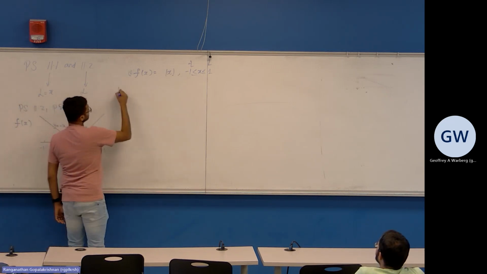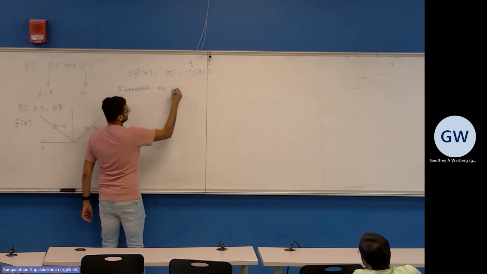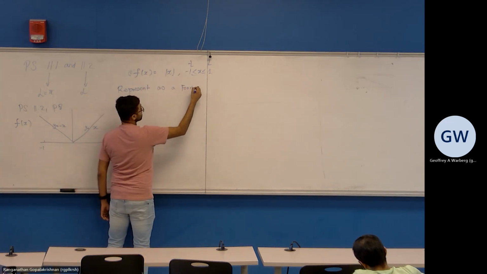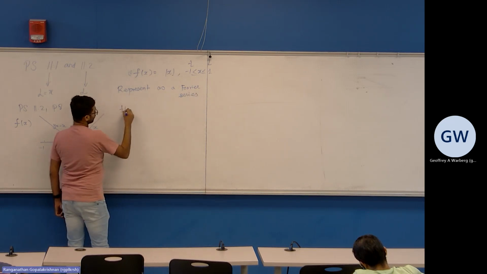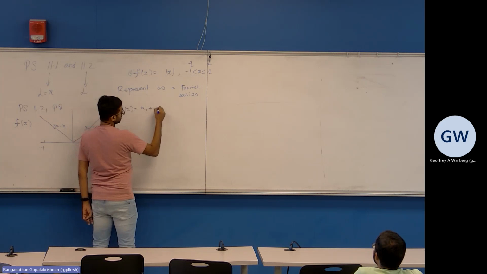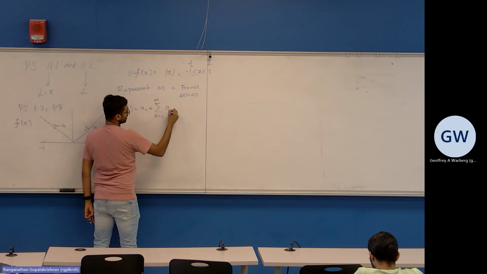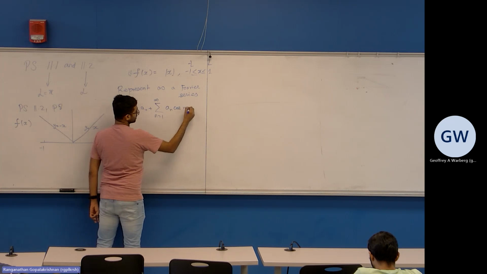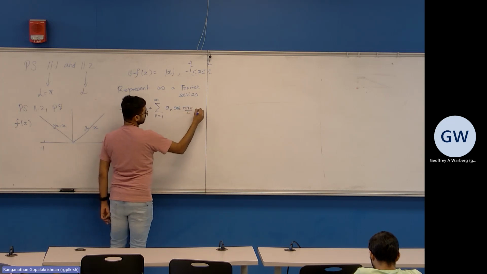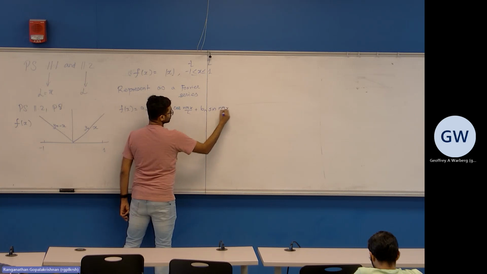Let's represent this as a Fourier series where we write f of x equal to a0 plus sigma n equals 1 to infinity an cos n pi x over L plus bn sin n pi x over L.